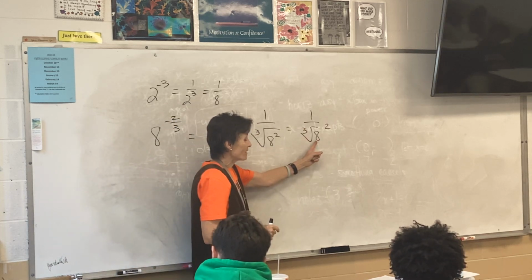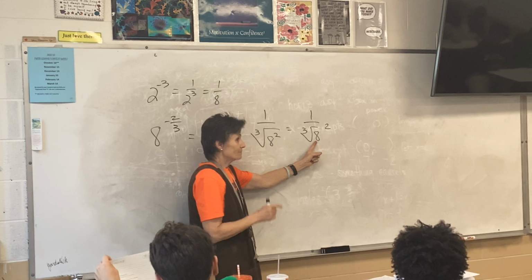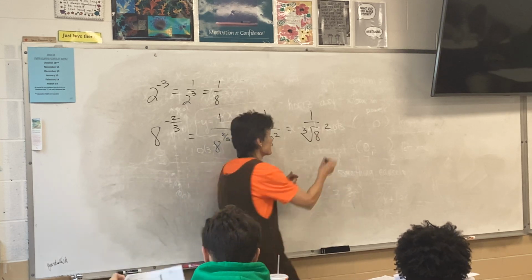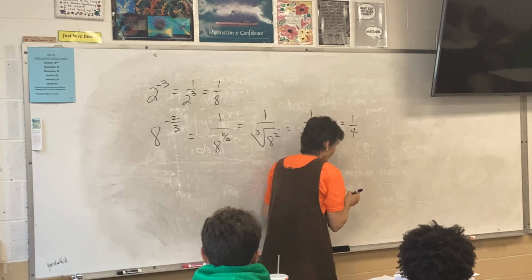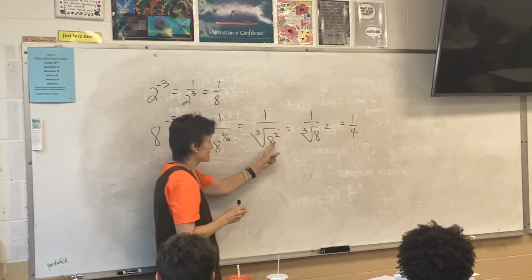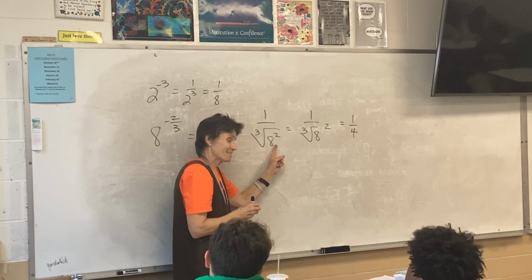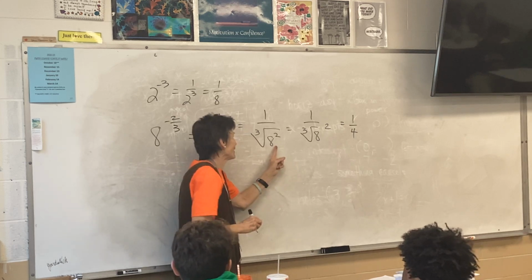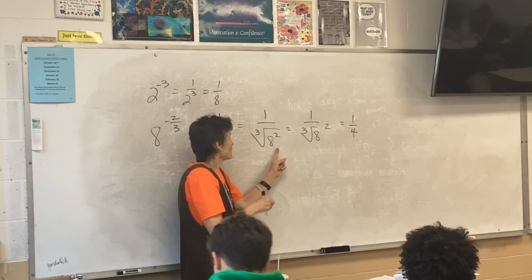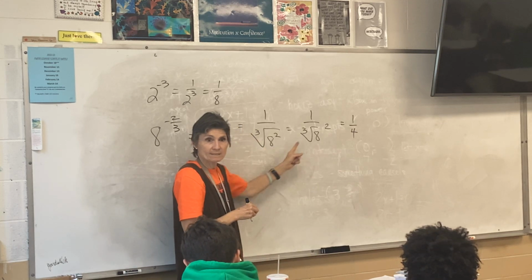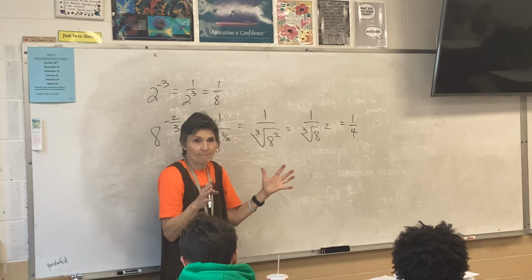So the cube root of 8 is 2, and 2 squared is 4. And then 8 squared is 64. That was on video, by the way. 8 squared is 64, and the cube root of 64 is 4. So it works either way, right?